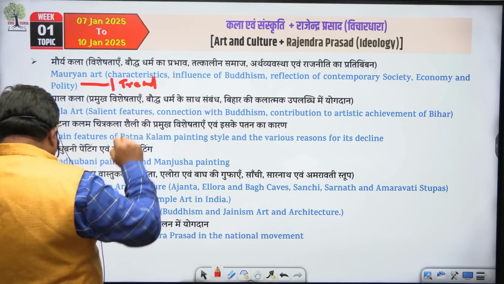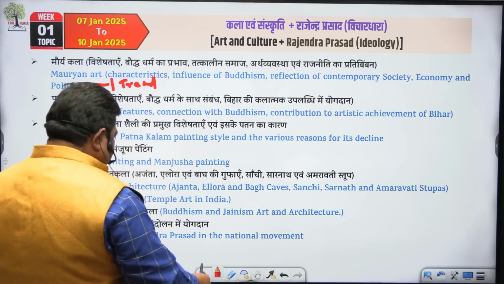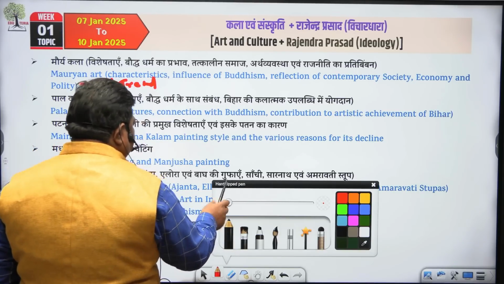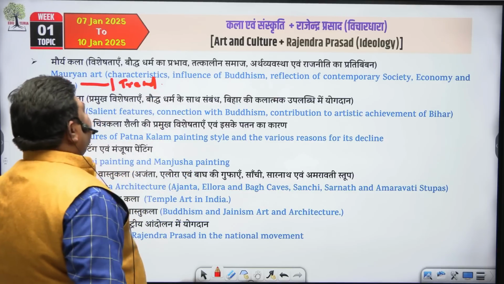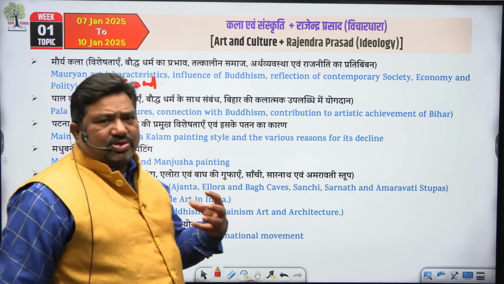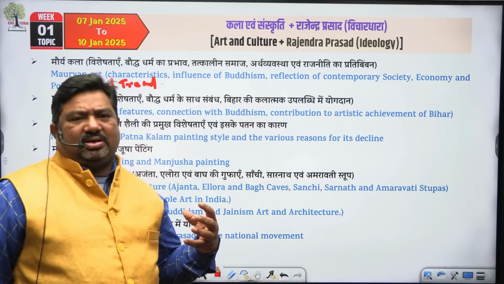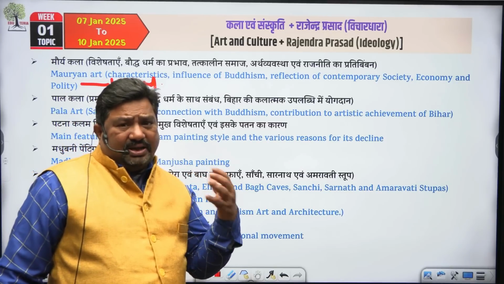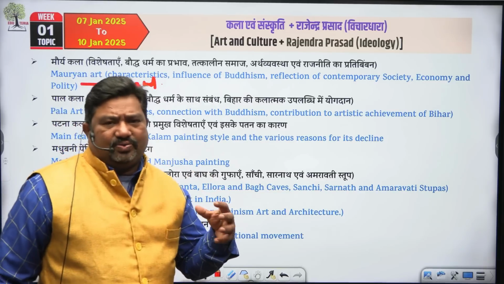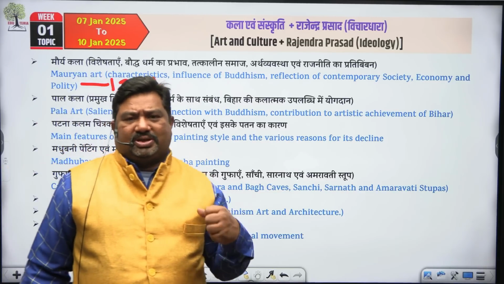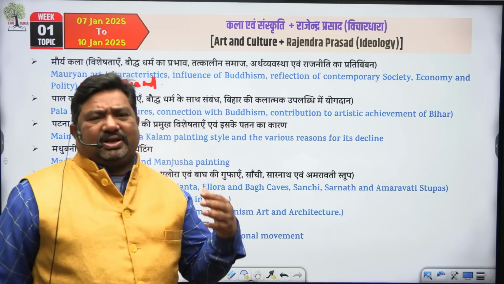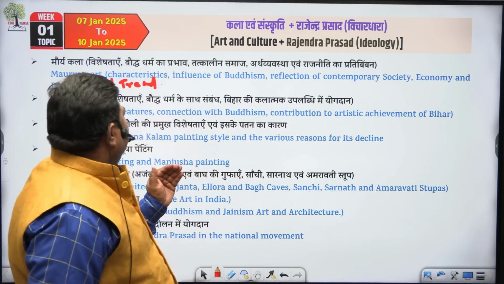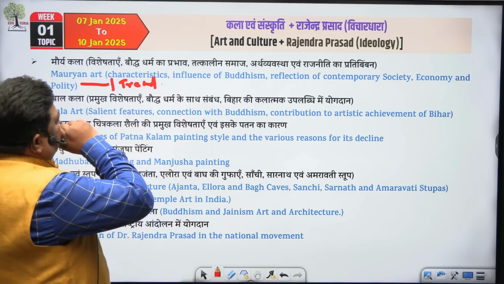But sometimes they might ask you, okay, you know the trend, could you please explain which prominent scholar, what is their discourse, what is the point of view of Upinder Singh, Romila Thapar, and different scholars of the time on this Mauryan art?